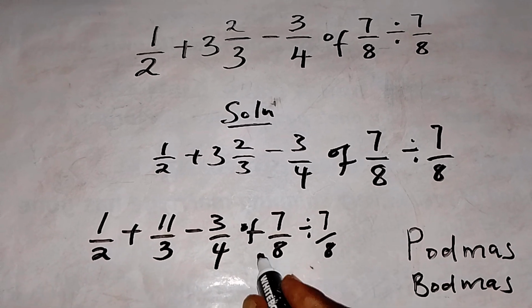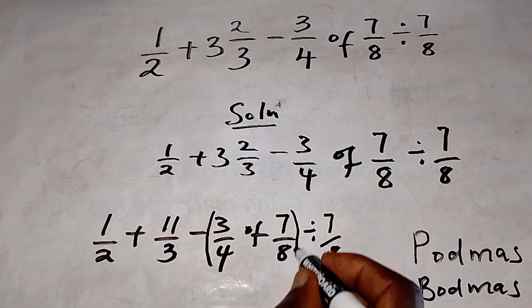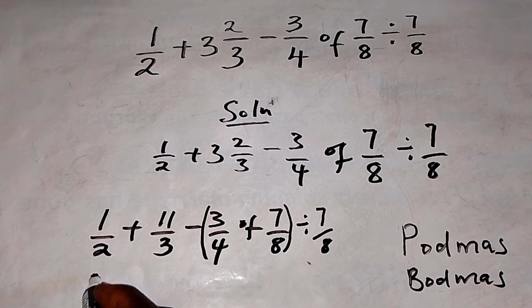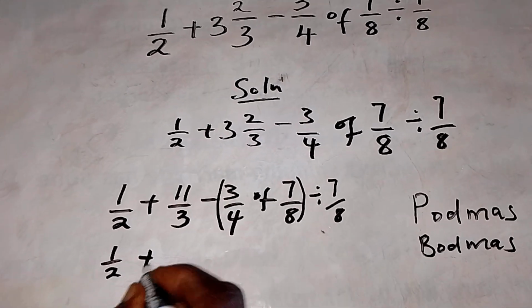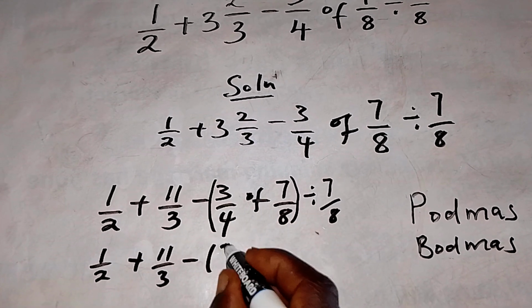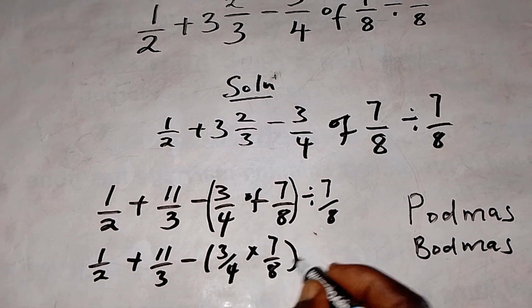So we have of operation, so we can put our bracket there so that we solve this. So we'll have 1/2 plus 11 over 3 minus, this is 3 over 4 times 7 over 8 divided by 7 over 8.